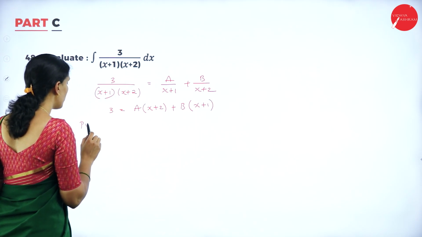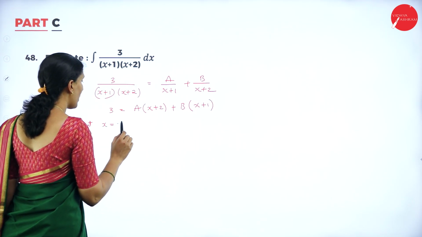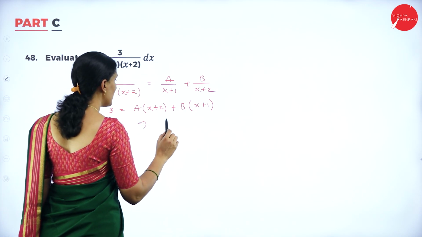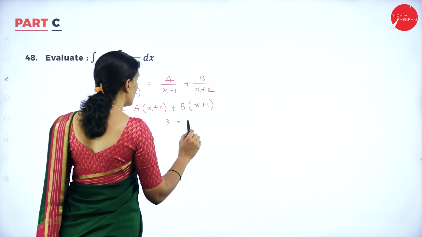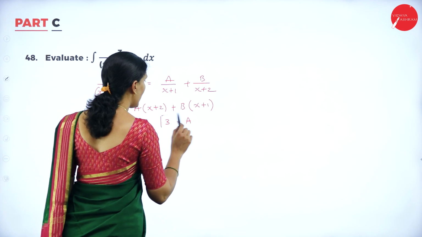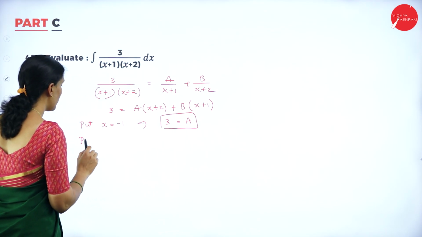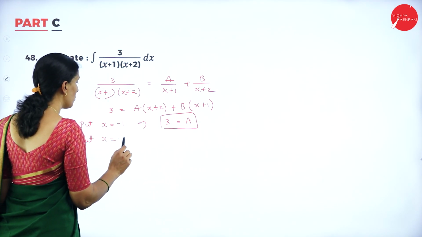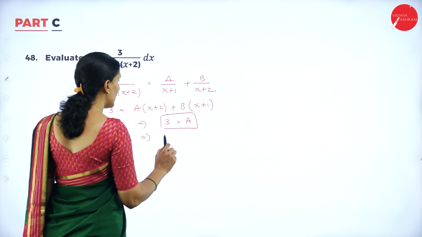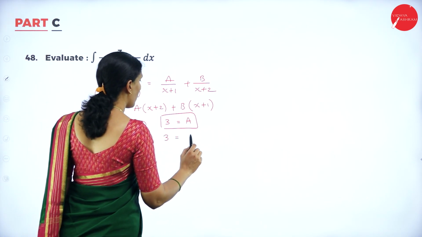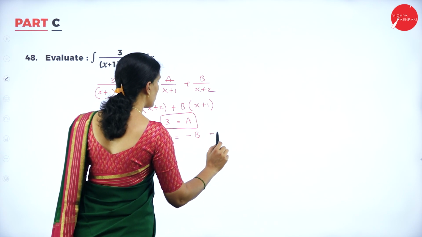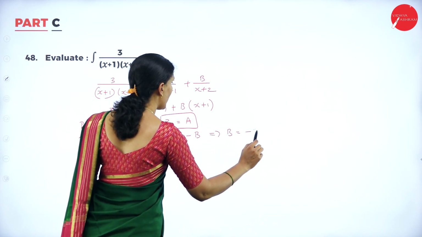So put x is equal to minus 1. This implies 3 is equal to a. So we get a is equal to 3, and put x is equal to minus 2. So this implies 3 is equal to minus b, which implies b is equal to minus 3.